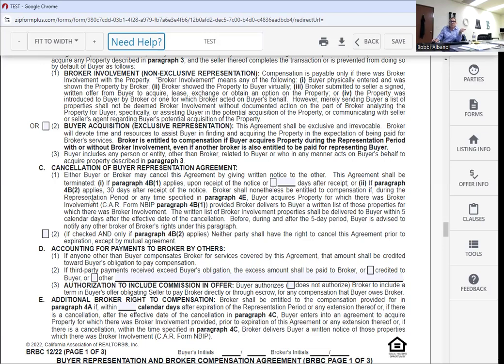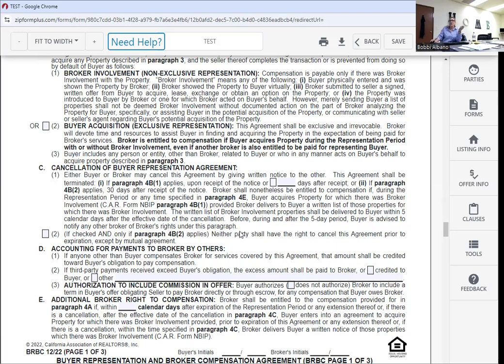Number 2, if paragraph 4B applies, 30 days after receipt of the notice, broker shall nonetheless be entitled to compensation if during the representation period or any time specified in paragraph 4E, buyer acquires property for which there was broker involvement, provided broker delivers to buyer a written list of those properties for which there was broker involvement. The written list of broker involvement properties shall be delivered to buyer within 5 calendar days after the effective date of the cancellation.